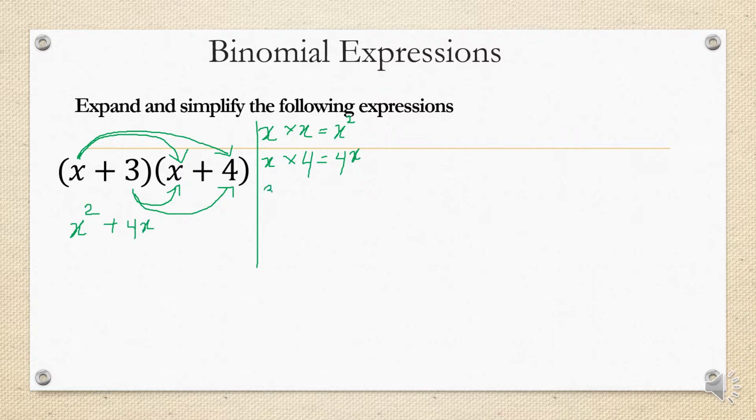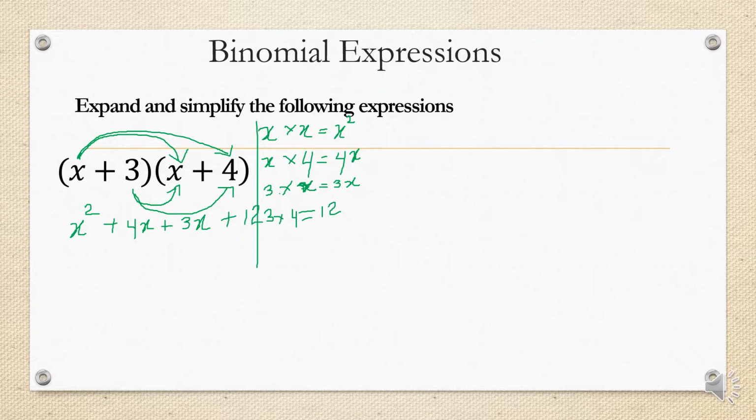You can write it down. 3 by x will give us a total of 3x. So we have positive 3x. And then we have 3 by 4, you can write it or not, will give us 12. So take your time and expand your brackets. And this is what we get.